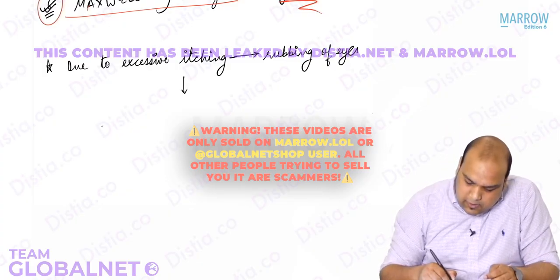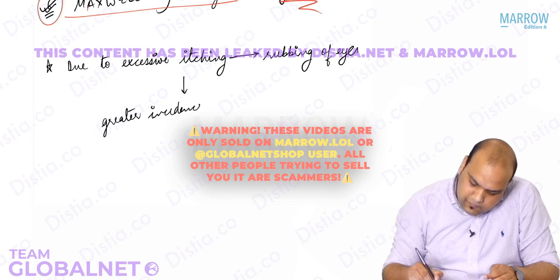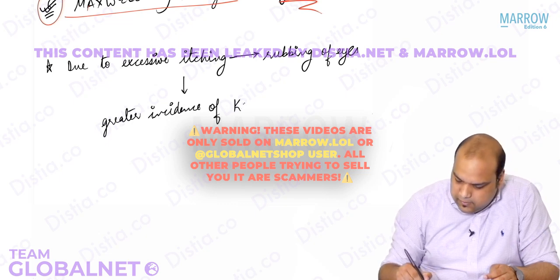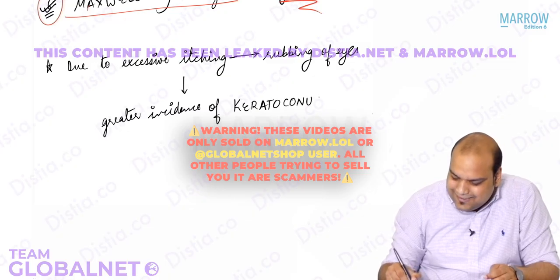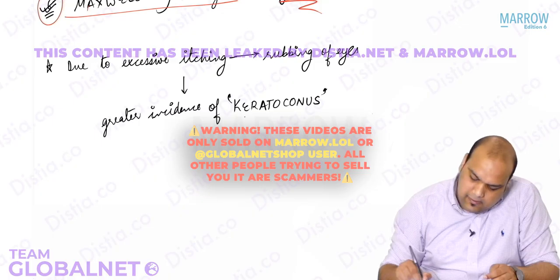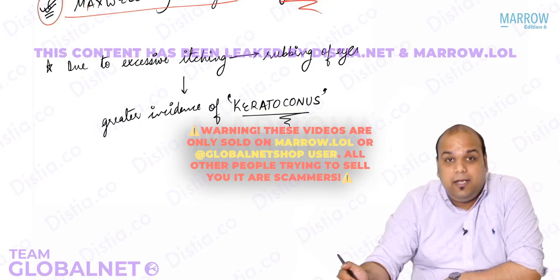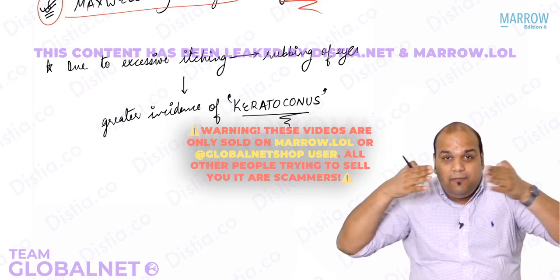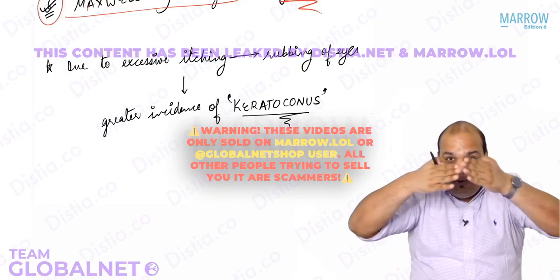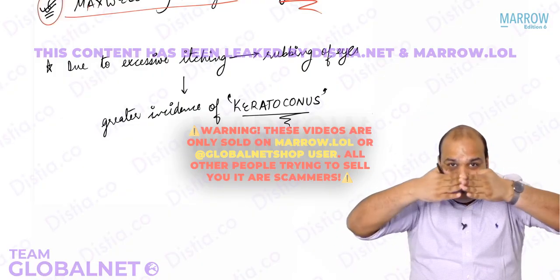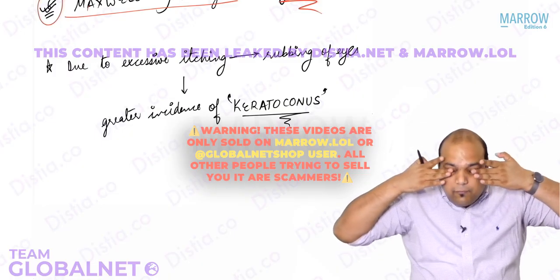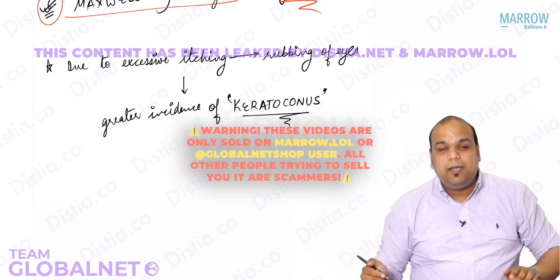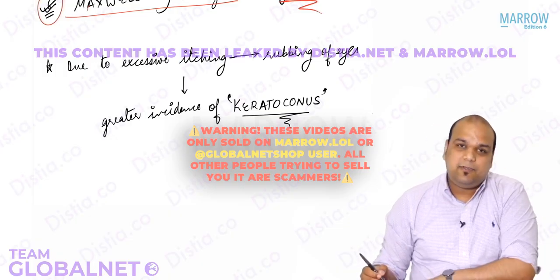This leads to greater incidence of keratoconus, cone-shaped cornea. Try to imagine something which is convex. You are rubbing it, so you have this kind of a force. You understand what kind of a force? A cone-shaped force. So I am rubbing my eyes like this, a cone kind of a force. So both the eyes assume a conical shape. Greater incidence of keratoconus.